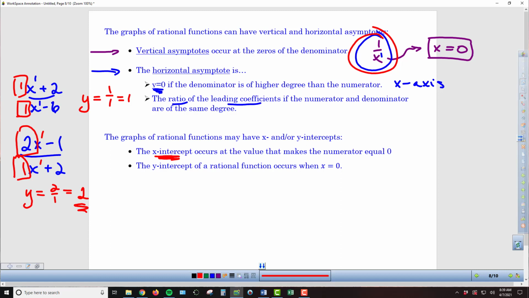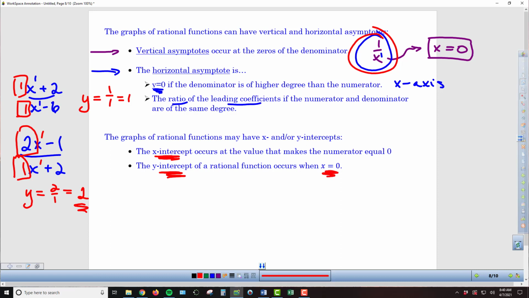So basically we're going to take the numerator, set it equal to 0, solve for x, and if there is an x in the numerator, then whatever value makes the numerator equal 0, that's going to be the place where the graph crosses through the x-axis. And then the y-intercept is going to be the location where the graph crosses through the y-axis, and we find that by just plugging in 0 for x.